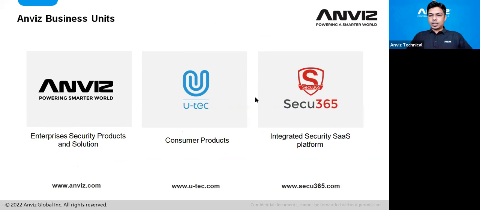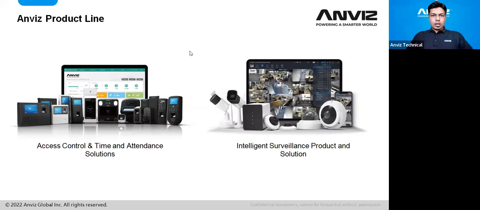And CQ365 is an integrated security SaaS platform for cloud-based or SaaS-based access control solutions. Under the Anviz brand, we cover access control and time attendance solutions for the market. That covers small and medium enterprises as well as project-level cases. And we have intelligent surveillance products and solutions for the market as well.